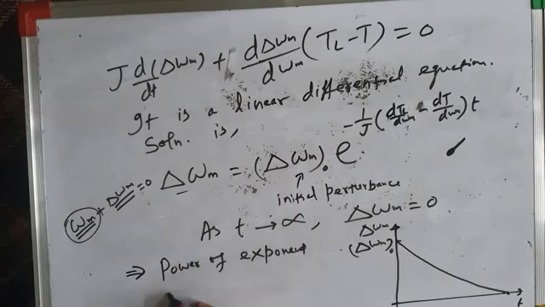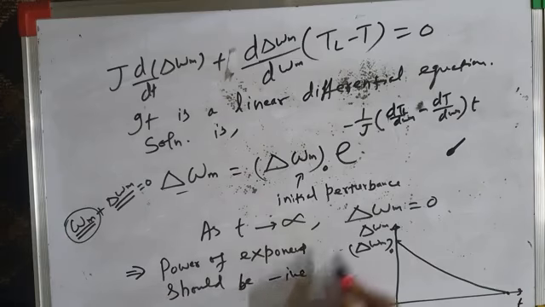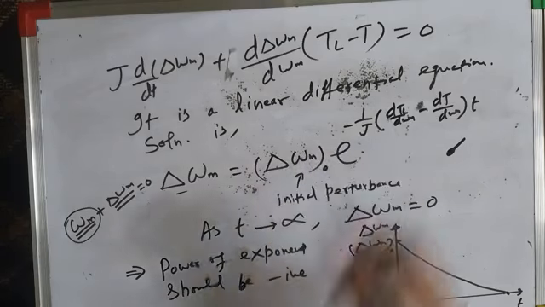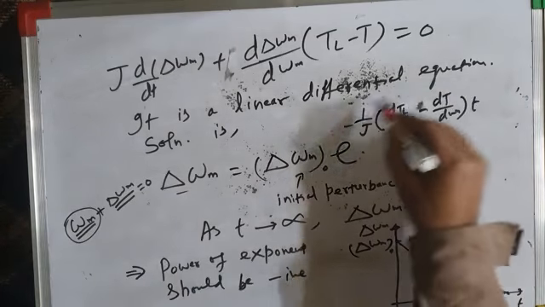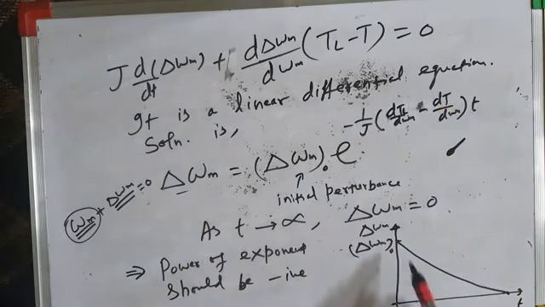The power of the exponent should be negative. When the power of this exponent is negative, then only, as t tends to infinity, delta m becomes equal to 0, and the stable operating point is restored.